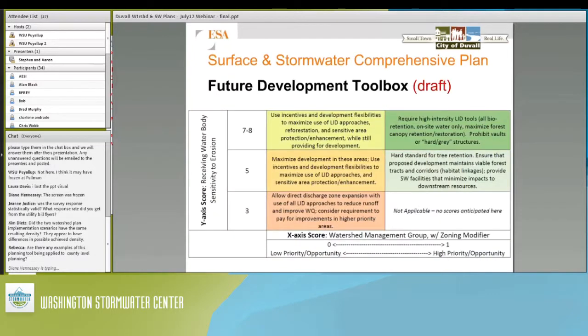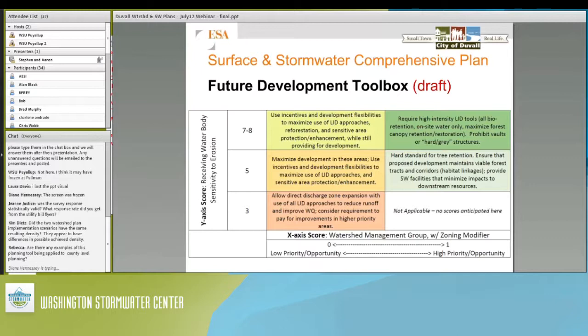So for the future development toolbox, this is just a draft initial slide, but it is taking that same approach where the x-axis is looking primarily at the watershed management group designation, with an adjustment for zoning. So it's assessing the importance at a sub-basin level and anticipated future development.